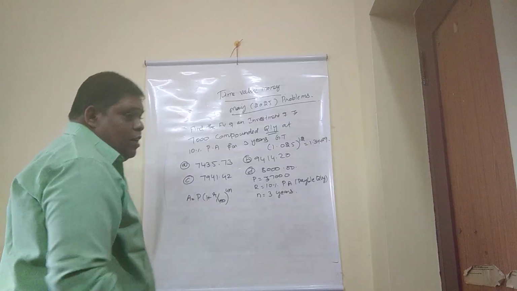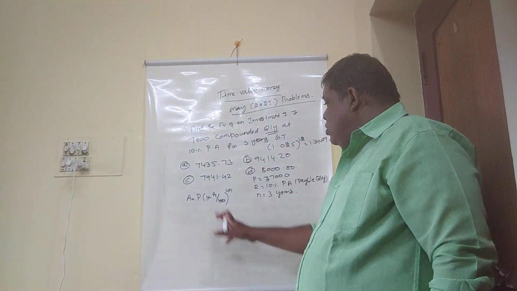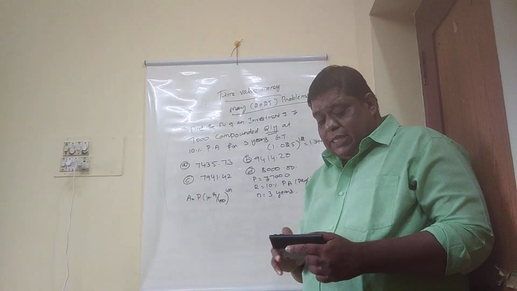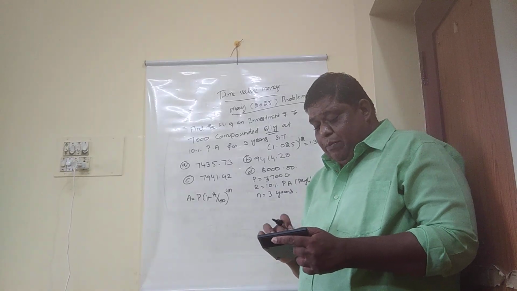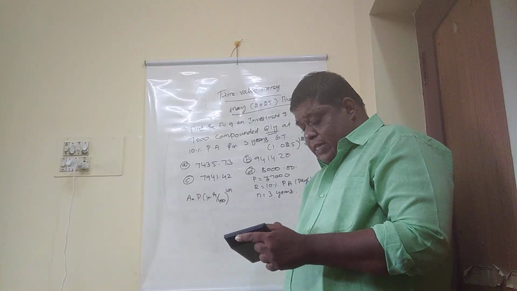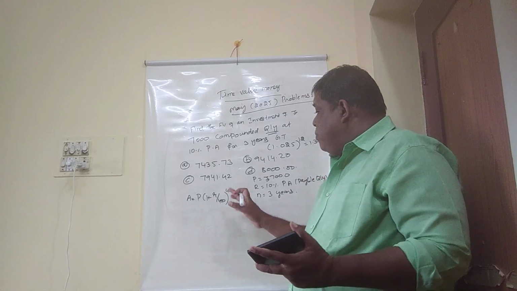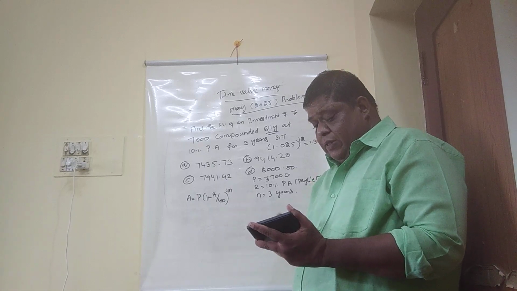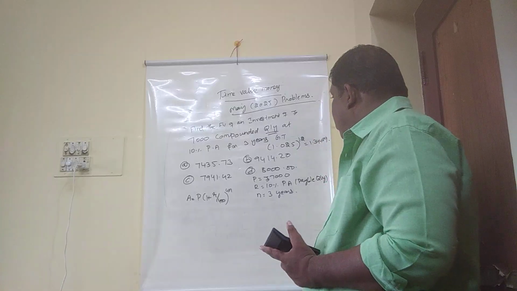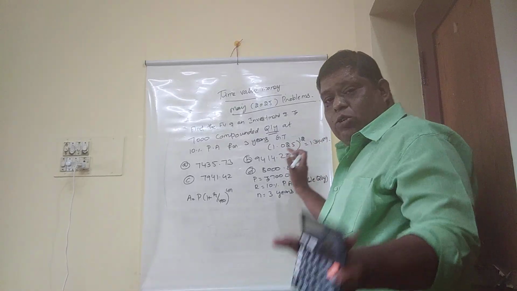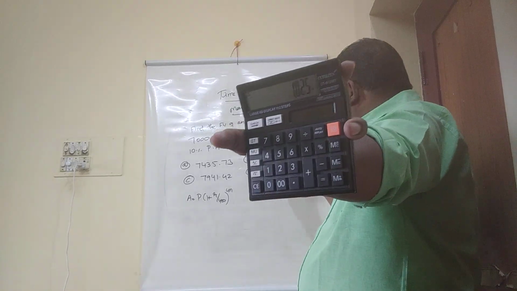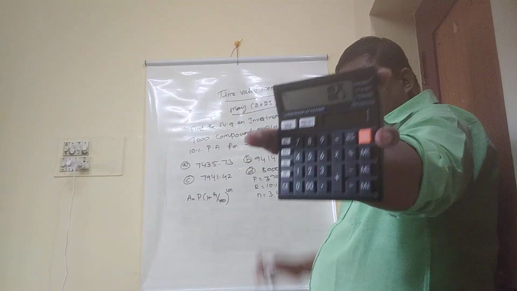Here, quarterly formula, whole to the power 4n only. Now R is equal to 10%, so 10 divided by 400 is 0.025, plus 1 is 1.025. Now 1.025 whole to the power 12 value is given in the question.